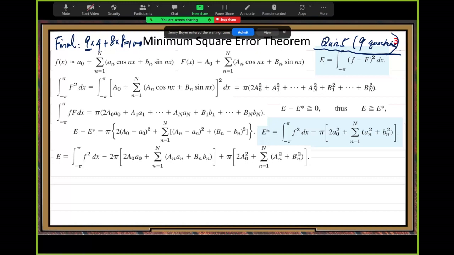In what sense? In the square error sense, the integral square error. If we use the supreme norm sense, it's not the best. We cannot say it gives us the best error in the sense of supreme error, the maximum definition of error.